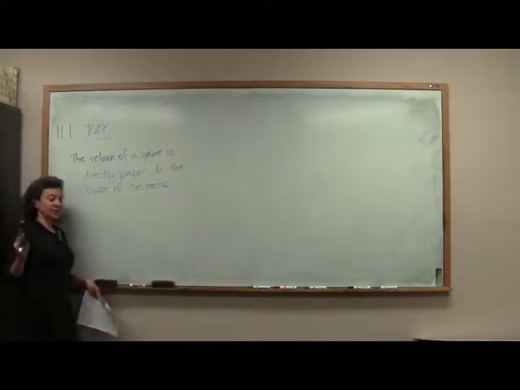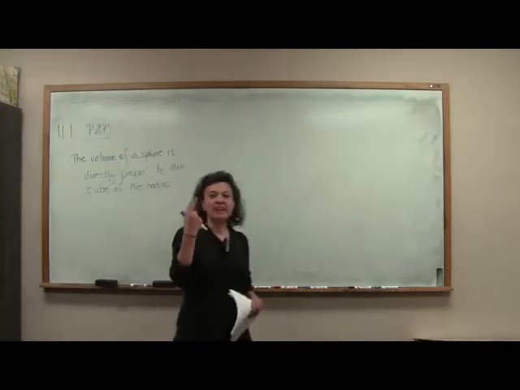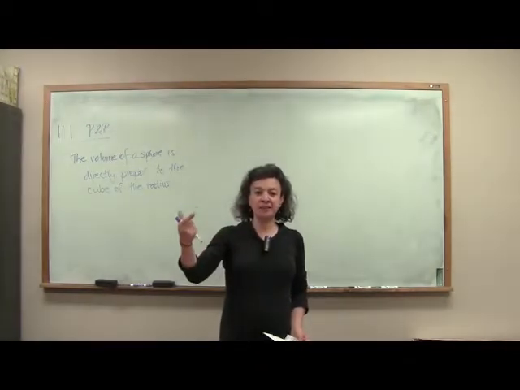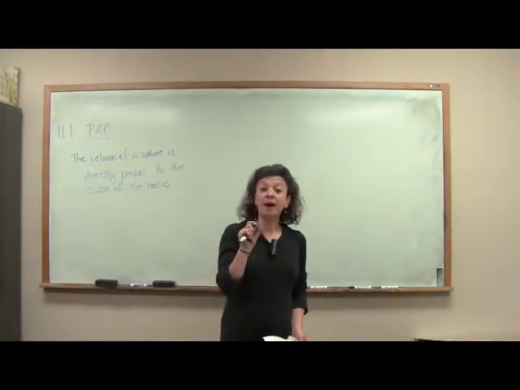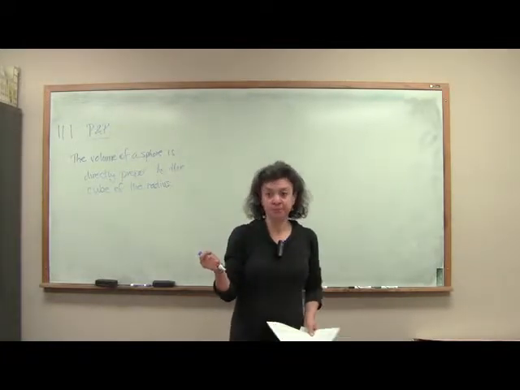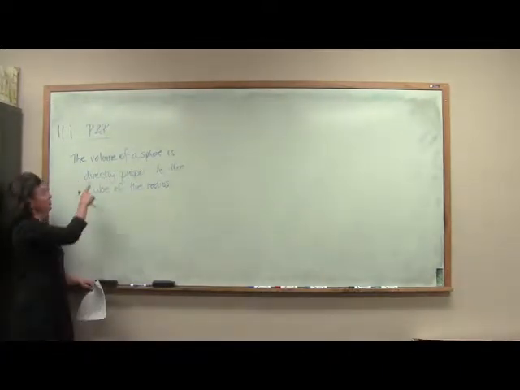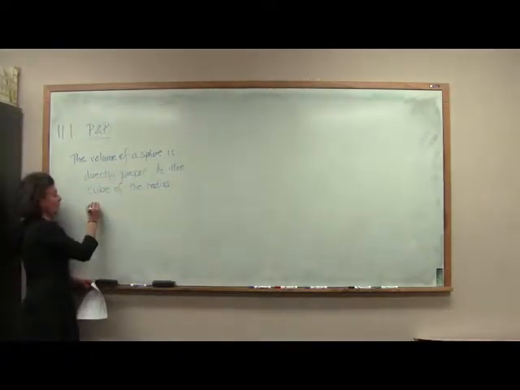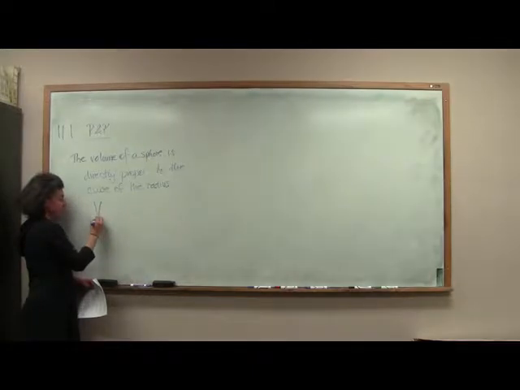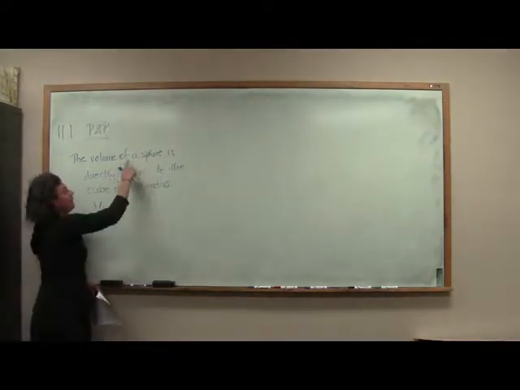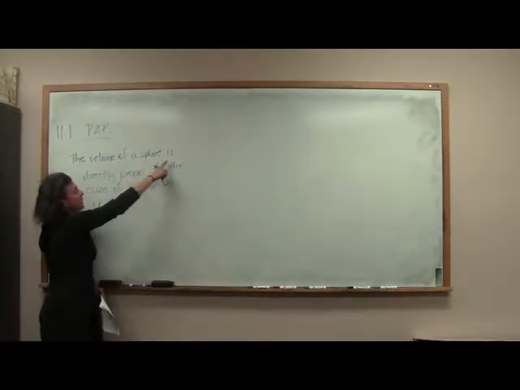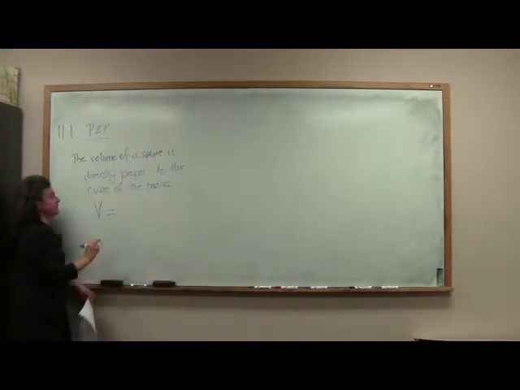Couple things that I want to remind you of. Is in mathematics means equals. Of in mathematics translates to multiplication. Okay? So the way that I would write this as a formula, the volume, I'll call that V for lack of originality. So the volume of a sphere is equals.